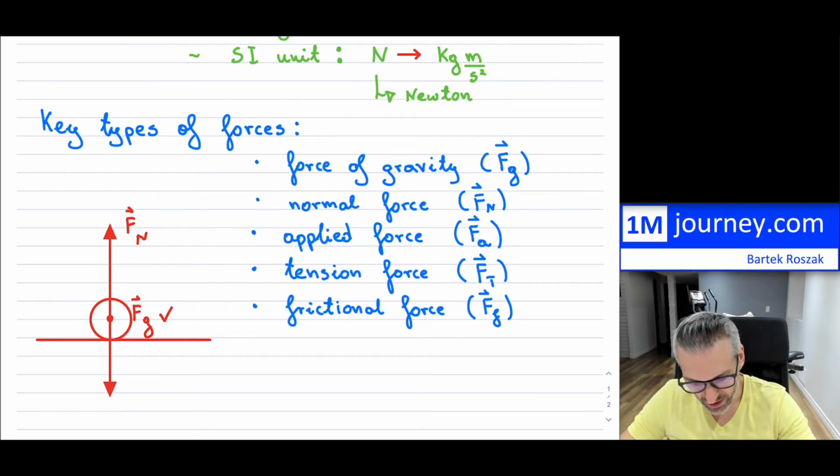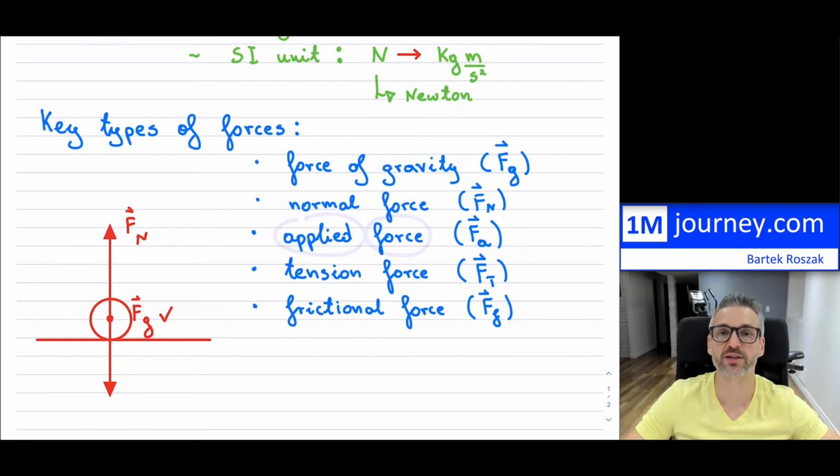Now, the next one is much easier to understand, and that is the applied forces that we actually put on objects. So if you're literally going to put your hands on an object, let's say on a box, and you push it, then you're applying a push, a force. Or if you take the box and you start pulling it, then you're applying a force. So those are applied forces that we directly put on objects.